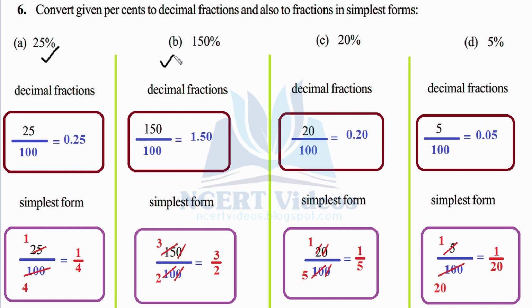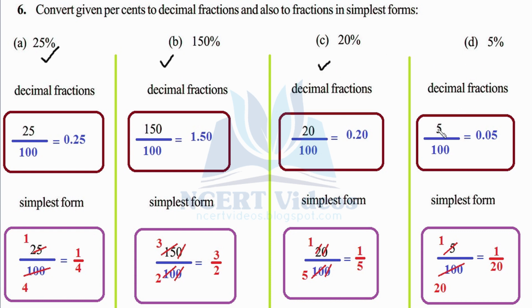That is your B. 20%. 20 over 100, because per cent, and then write 20 first of all as it is, 2 digits decimal fixation. So 1 2 0.20. Simplest form is 20 over 100, 0 0 cancel, 1 2 is a 2, 5 2 is a 10. So 1 over 5 is your required fraction for 20%.